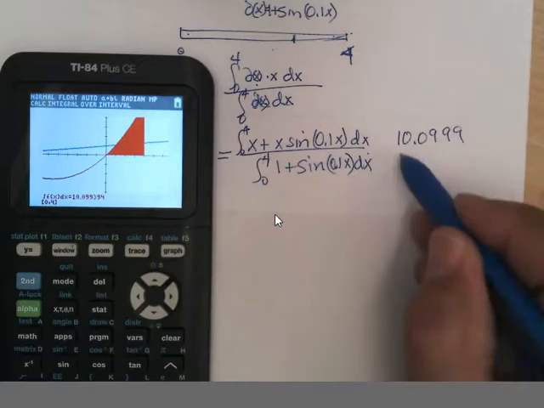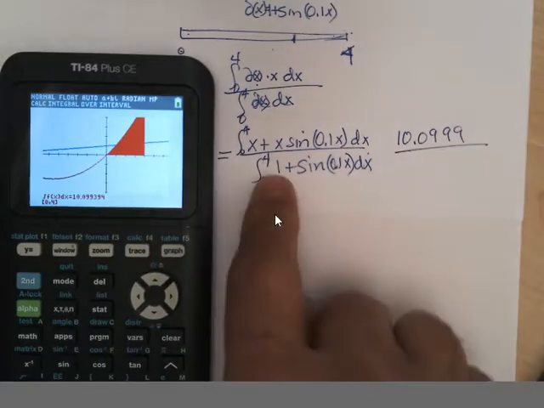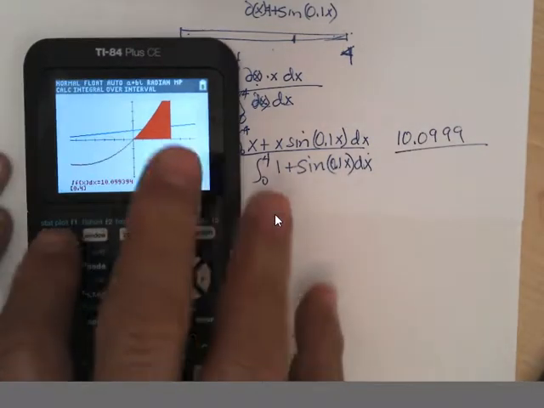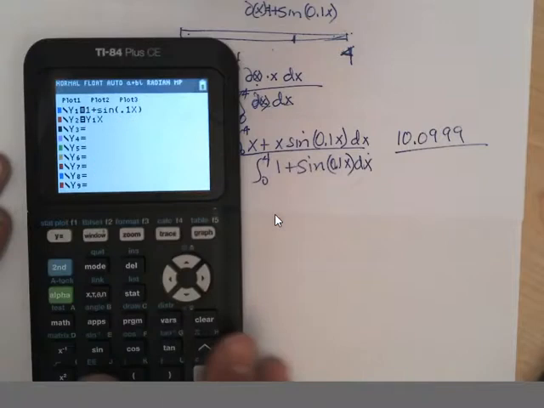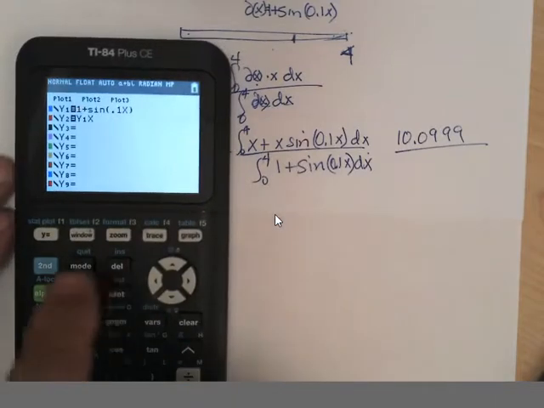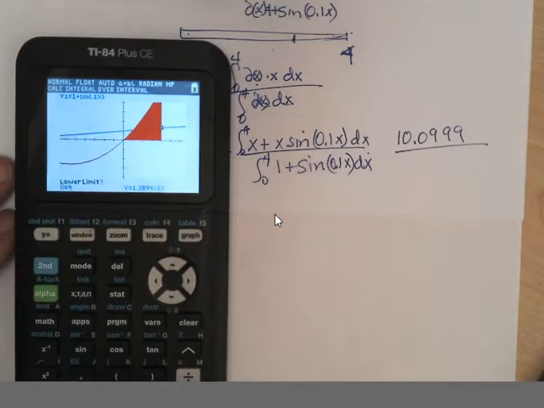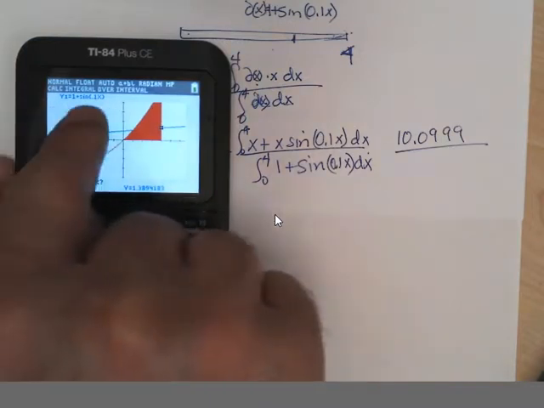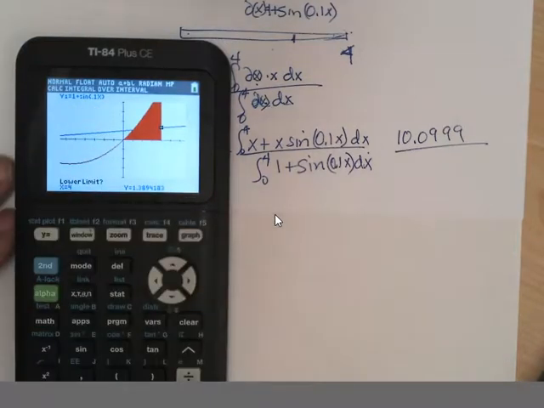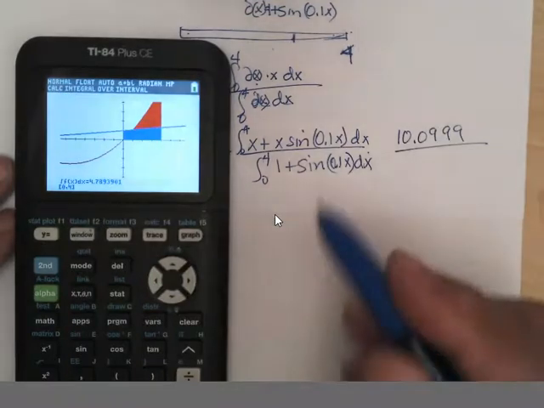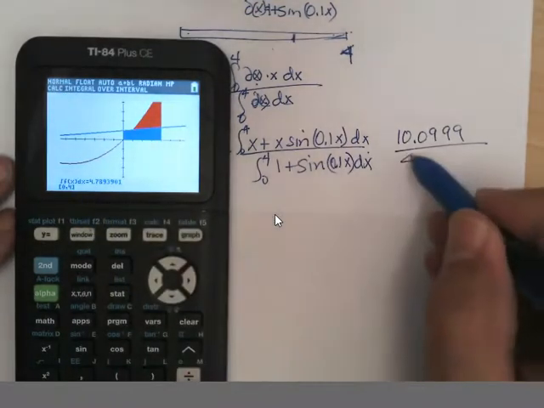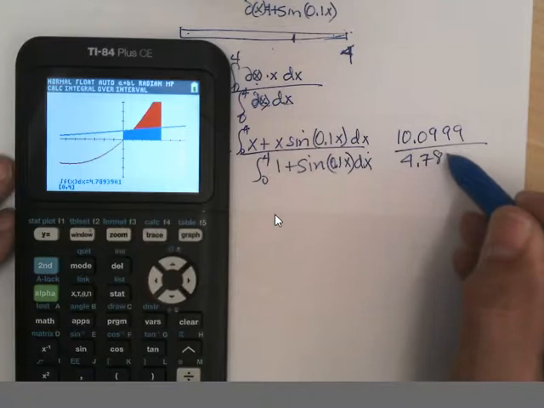10.0999 whatever, over, now we're going to do it for the other one, which is the first equation I put in. So I'm going to go second, calculate 7, and now it's the blue equation. I want to go from 0 to 4, and that amount is 4.789.3.